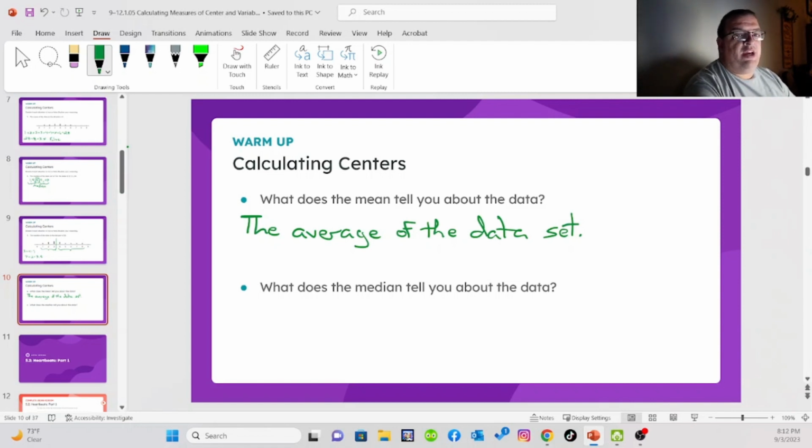Okay, so the great thing about a median is that it tells you the average in the middle.